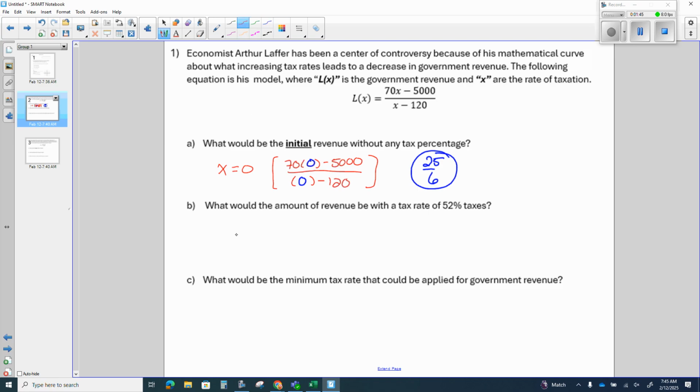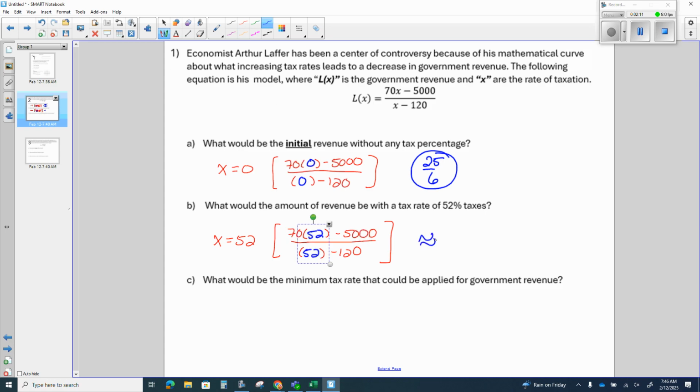So this is where now we're going to assume X is 52, and we're going to plug in 52 instead of 0. So this is just really evaluating. You're looking at an equation, you're given an input, and we're trying to figure out what that output would become based on that input. So plug in 52, and I'm going to go back to our calculator.